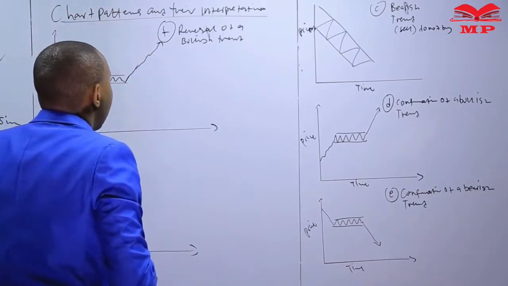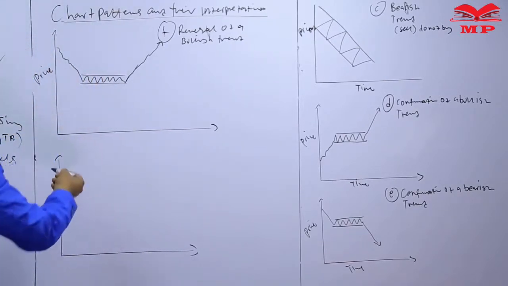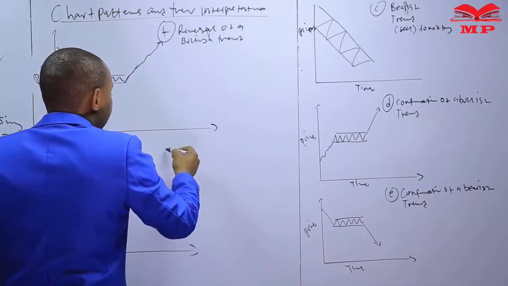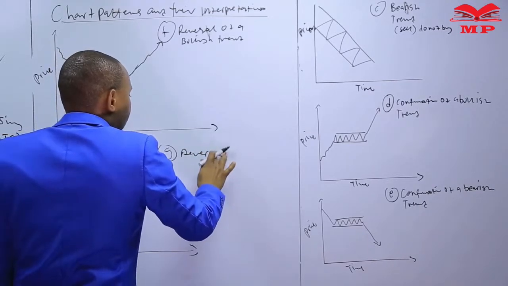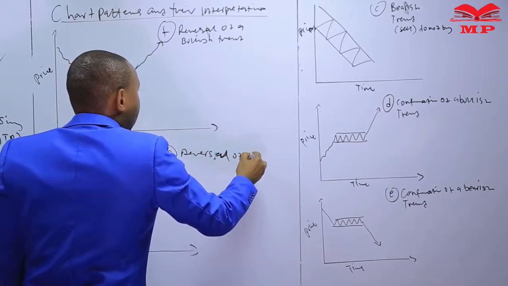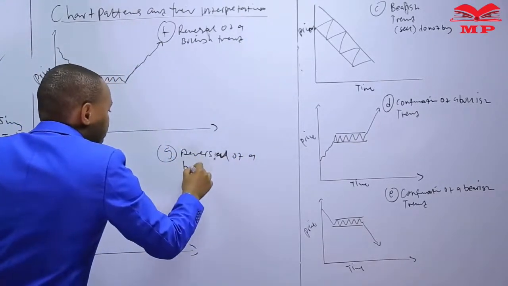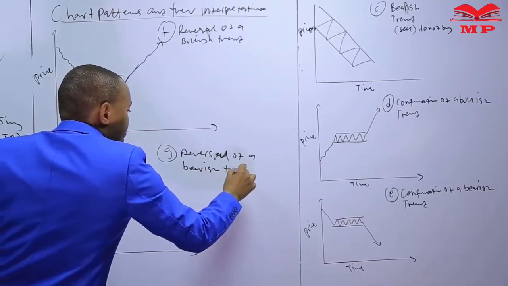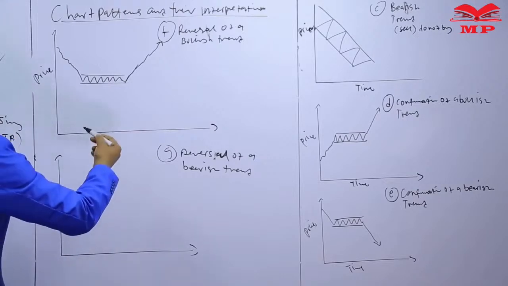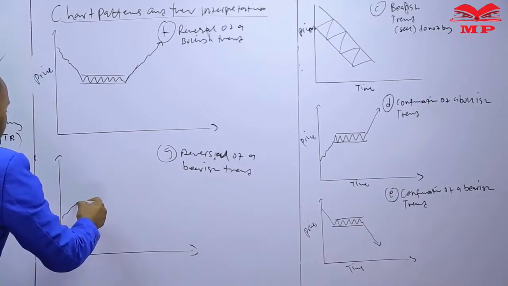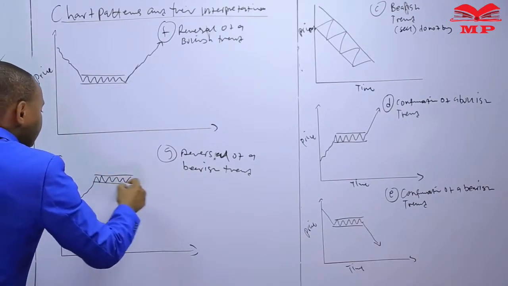Now reversal of a bearish trend. Now this one will have a reversal of a bearish trend. EF. This is G, reversal of this is bullish trend. This is bearish trend. So that means it's going to move the opposite like that. So security prices was moving like that, we had the channel existing or no trend existing there.